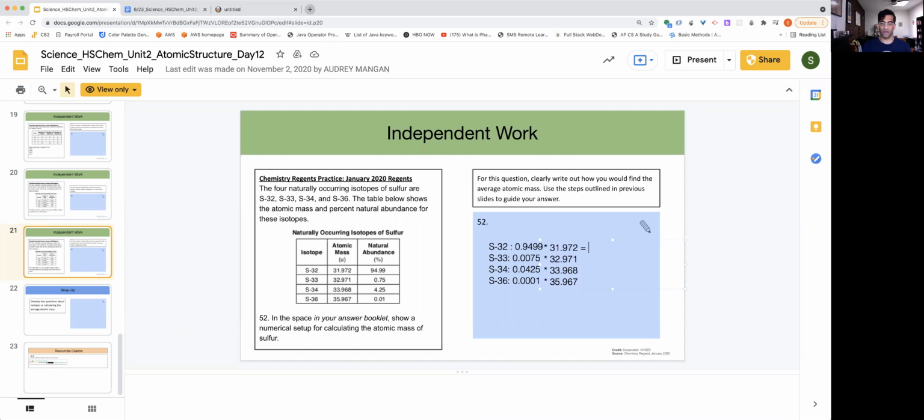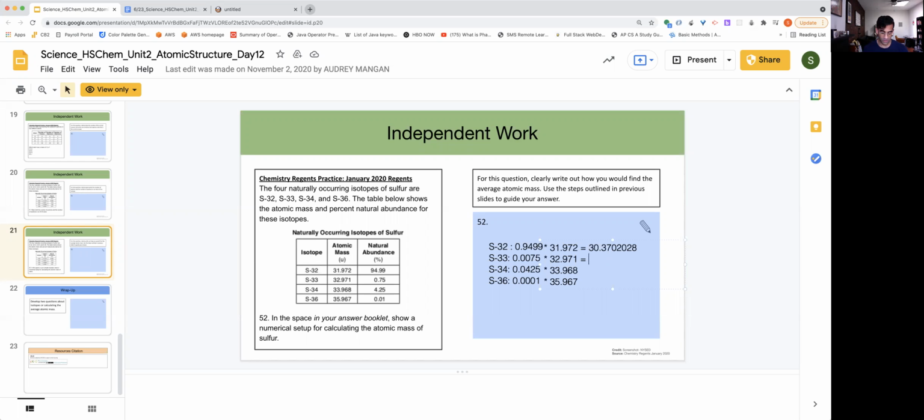So if I have 0.9499 multiplied by 31.972, I want to get this number. And for now, I'm not going to round them off. Don't forget that we're just going to round off at the end. So for now, I'm just calculating products. I'm not going to round off until I add all these together to avoid error in my calculation.